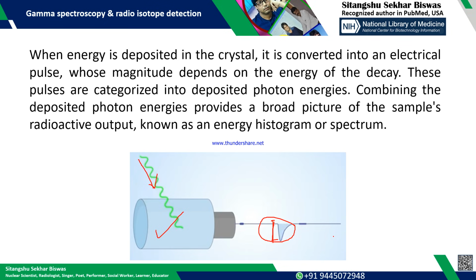That excitation will cause the electron flow, and that electron flow will generate the electrical pulse in an external circuit. So basically the height of the pulse will indicate the energy level of the incident photon.